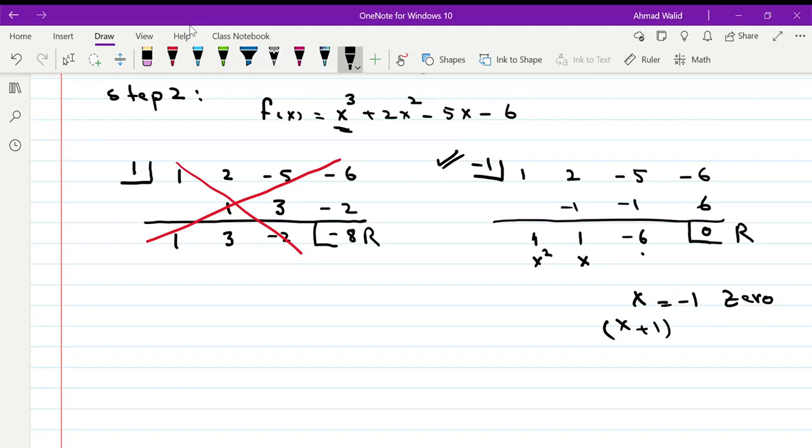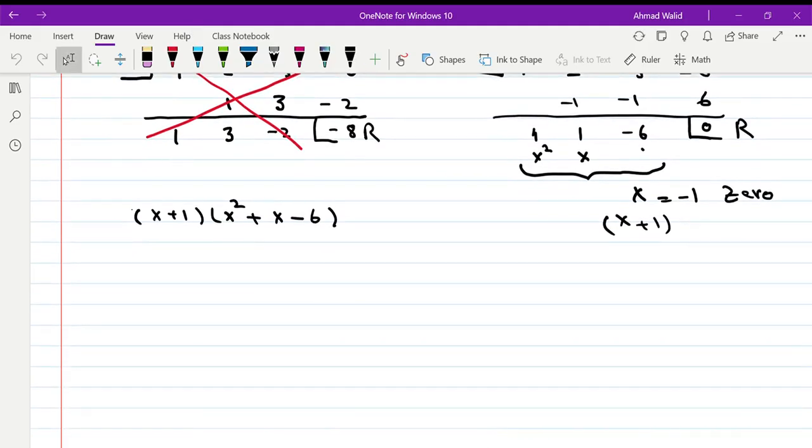It means you can write that polynomial function as x plus 1 times x squared plus x minus 6. Agree? Because we learned how to write our function after division, correct?